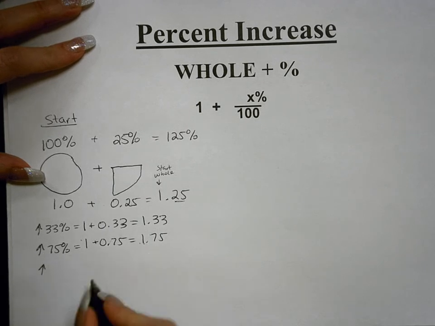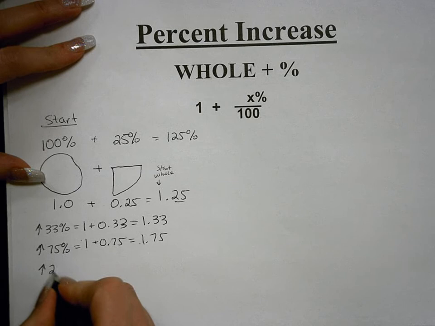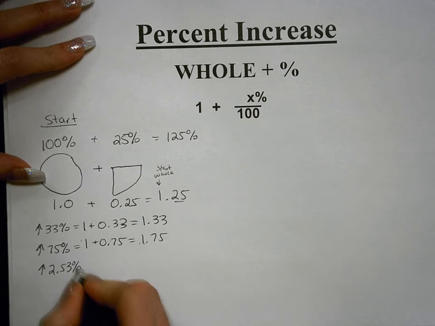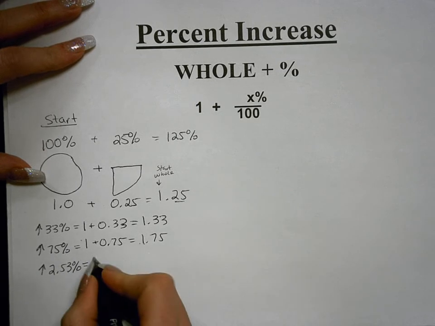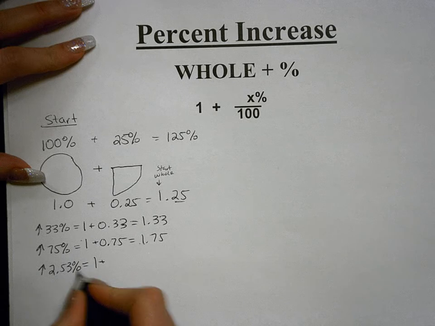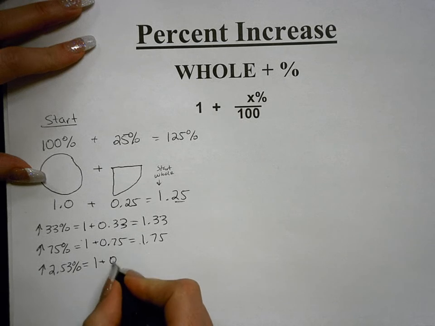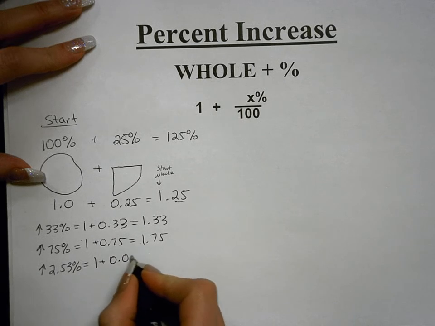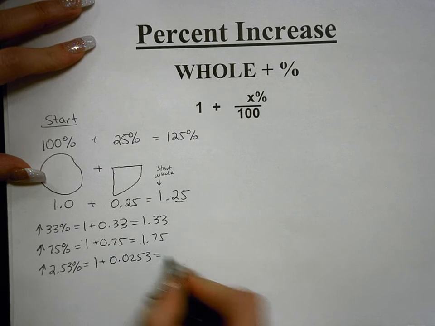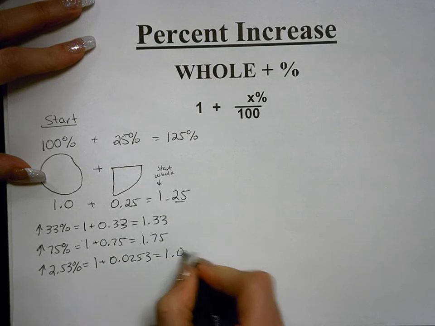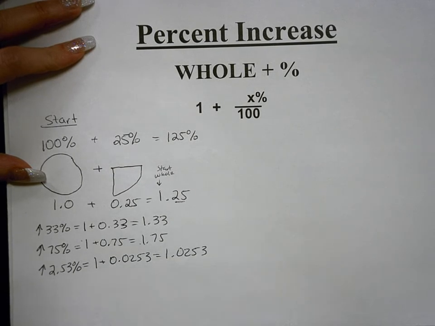Now let's say we increase something by 2.53%. Well, we'd start with our whole. We'd add this to it in the form of a decimal, which would be 0.0253. We'd end up with 1.0253. This is our whole. This would represent a 2.53% increase.